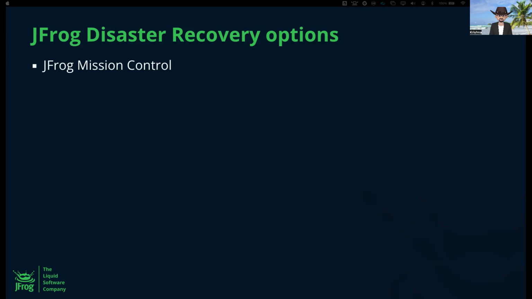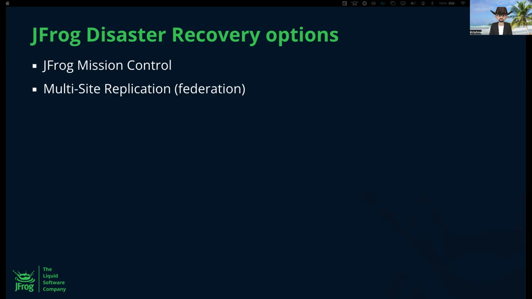Mission Control provides a centralized management solution for multi-site Artifactory instances, which facilitates monitoring and managing multiple Artifactory instances from a single pane of glass, making it easier to implement and manage disaster recovery plans. You can use Mission Control to configure, monitor and manage the DR strategies across all Artifactory instances.